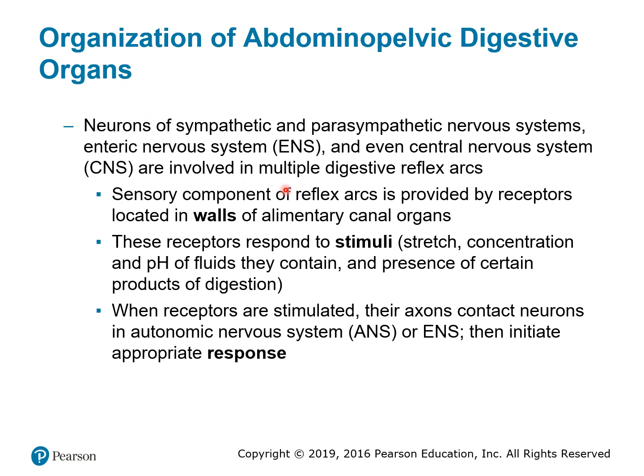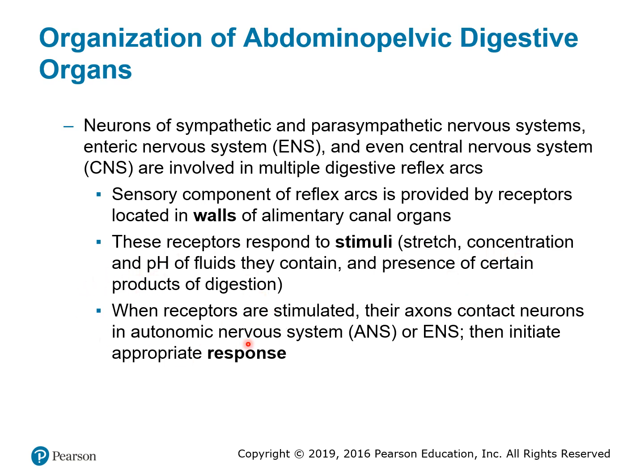So the sensory component of the reflex arcs provides receptors, which are going to be on the lining of the walls of the alimentary canal organs. These receptors respond to stimuli, whatever that is: stretching, concentration of a specific fluid, a specific pH, whatever the stimulation is, related to the presence of certain products of digestion.